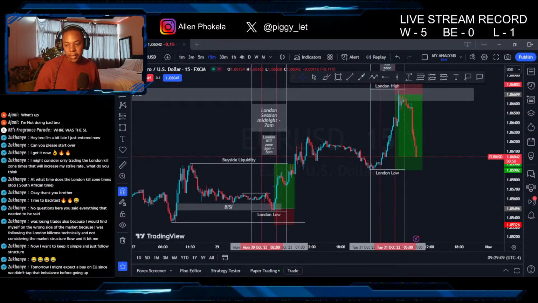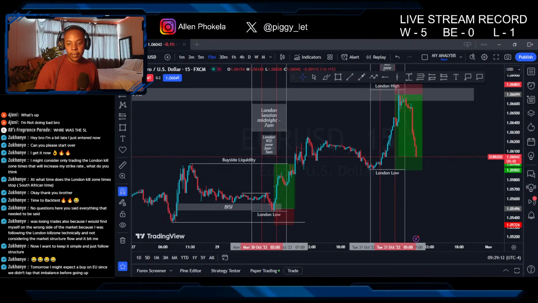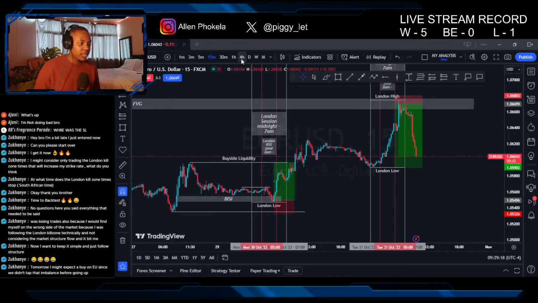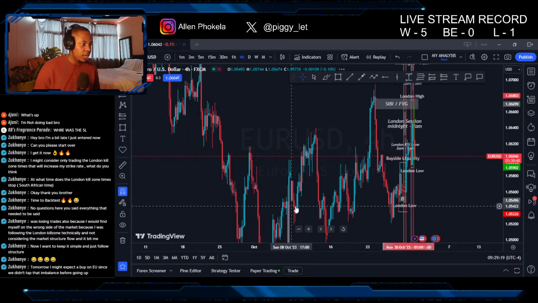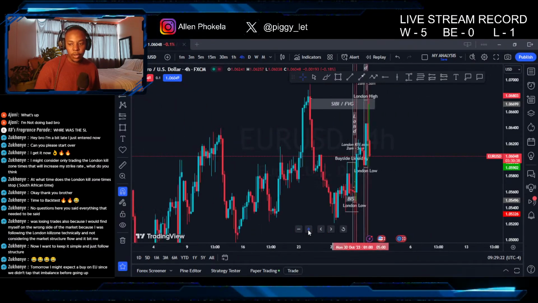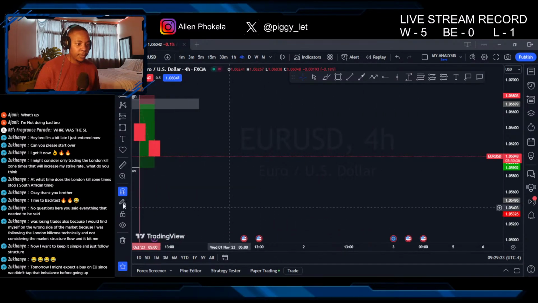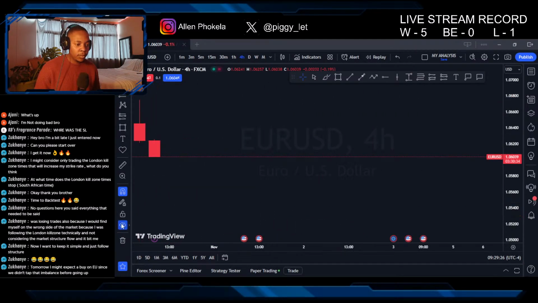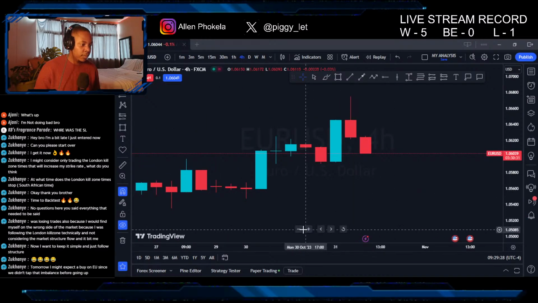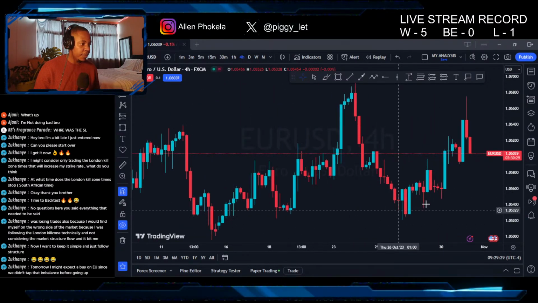Tomorrow I might expect a buy on EU since we didn't tap into that imbalance before going up. Imbalance from which time frame?